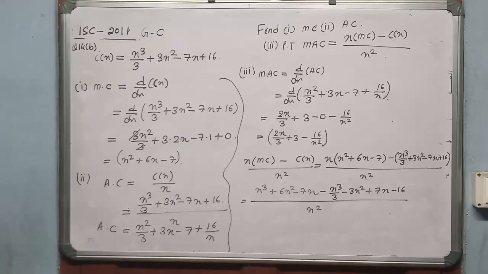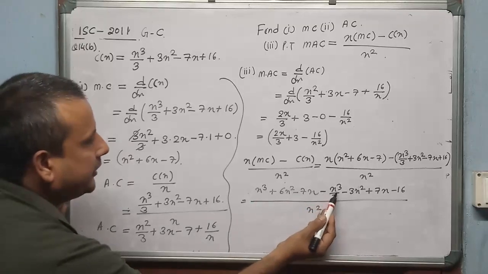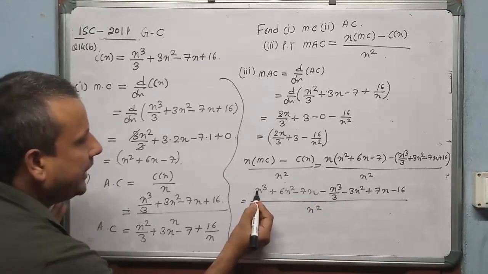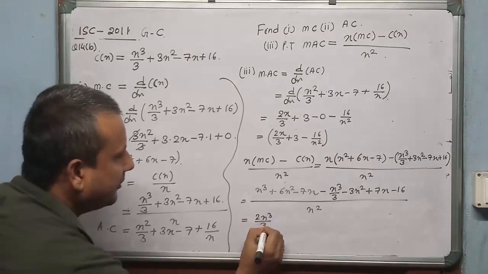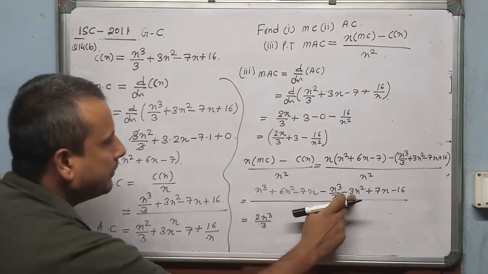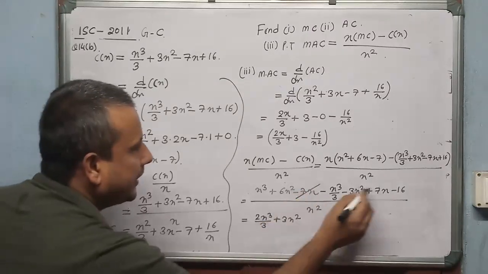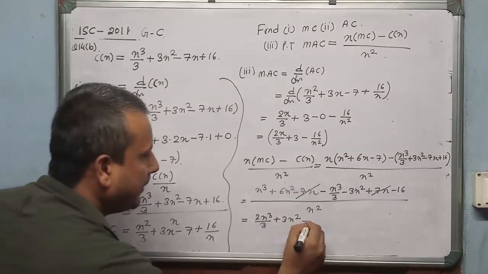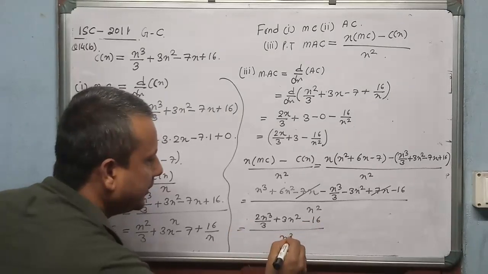Now I'll take the LCM of the like terms. x cube minus x cube by 3: if I take 3 as LCM, 3x cube minus x cube is 2x cube by 3. Then 6x square minus 3x square is plus 3x square. Minus 7x plus 7x cancel. Minus 16, all divided by x square.